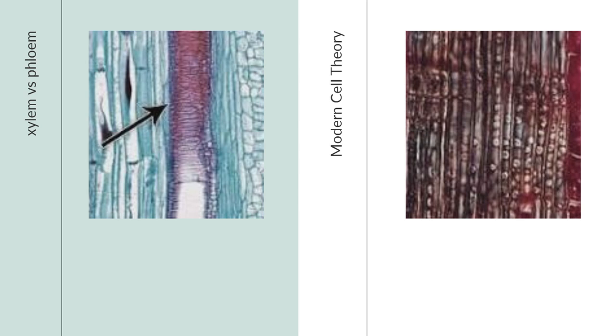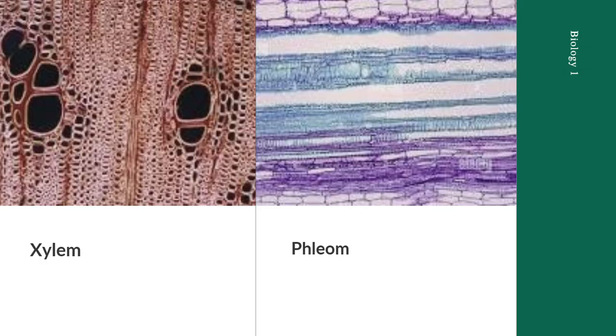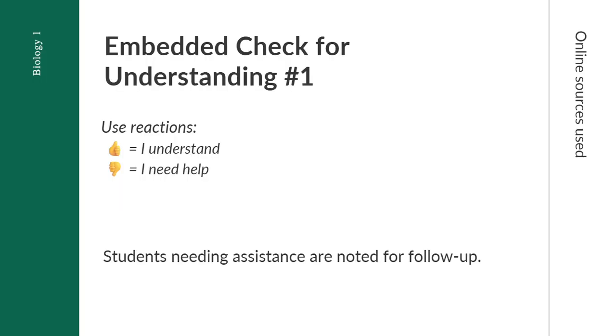As I said before, xylem moves water, and phloem moves the nutrients that were made during photosynthesis. We would go through all of that. This is another one, just more photos.